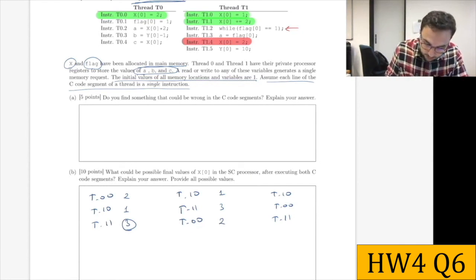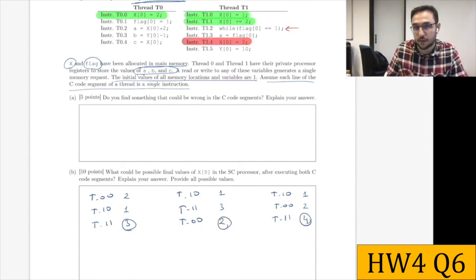Then let's look at this one. It starts with 1, and then it's assigned 2, and then it increases by 2, so it becomes 4. So these are all 3 possible values that X0 can get after executing these 2 threads.